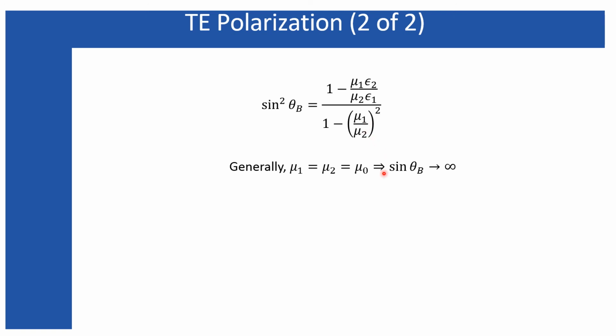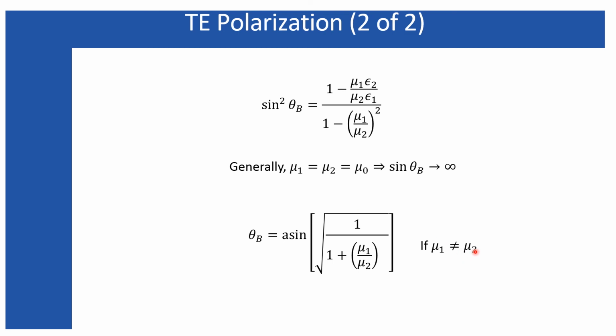If so, then sine theta b tends to infinity and there will be no such angle called the Brewster's angle for the TE polarization if mu1 is equal to mu2. But if it is not the case, although this case is very rare, then we may have the Brewster's angle for the TE polarization also. But in general, for a wide range of material combinations, we generally do not have the Brewster's angle for the TE polarization. And that's all for today.